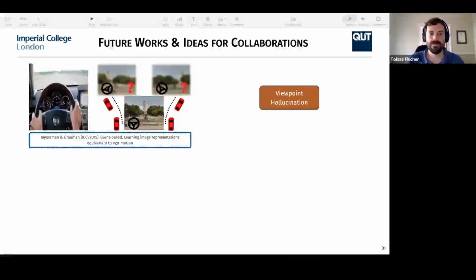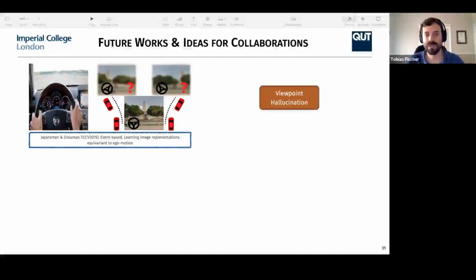I think it would be interesting, just talking about future work which I'm planning at QT, and we would be really happy to collaborate with other unis there. One of them is on viewpoint hallucination. In this visual place recognition scenario, you can imagine that you have a particular image and your dataset of images.